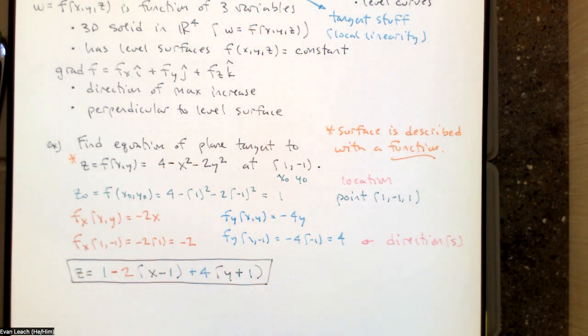There's our linear approximation of this surface near the point 1, 1, 1, negative 1, 1.